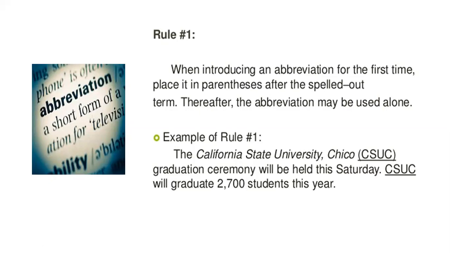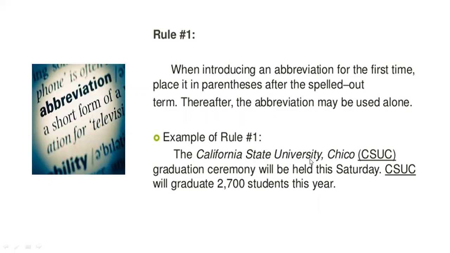Thereafter, the abbreviation may be used alone. For example, here we can see the example: the California State University, Chico, then CSUC, graduation ceremony will be held this Saturday. We can say it as short.